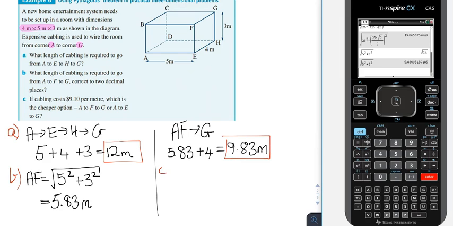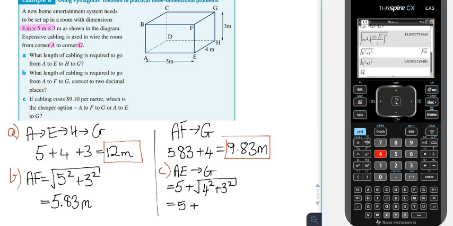Part C now says if the cabling costs $9.10 per meter, which is the cheaper option, A to F to G or A to E to G. So A to E to G, we still haven't actually calculated the E to G portion. So that's what this square root of 4 squared plus 3 squared is. And when we actually go through and do this, we get out, it's just over 10, I think. It's equal to 10, full stop.